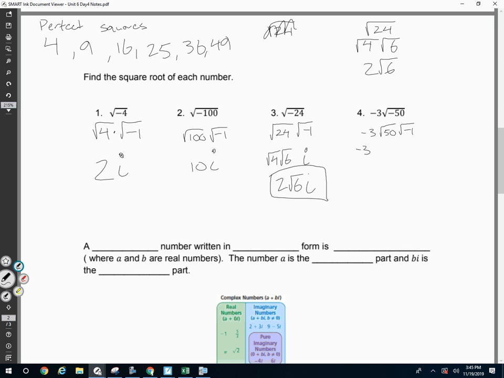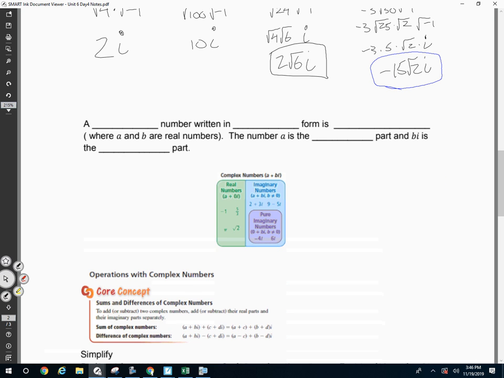Negative 3 times root 25 times root 2 times root negative 1. Is everybody comfortable with that? I'm going to give us a couple more after this. This then becomes negative 3 times 5 times root 2 times i, or negative 15 root 2i. This is a standardized form of what we just saw up above. Okay?